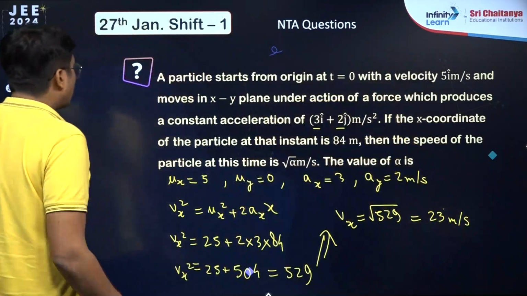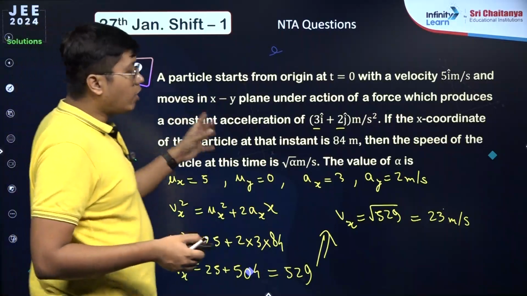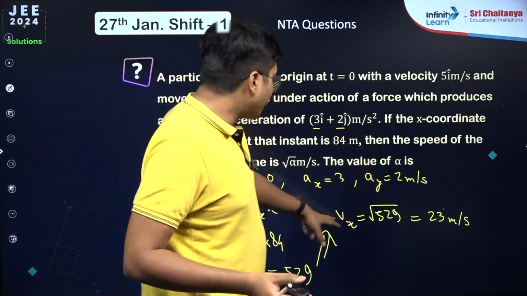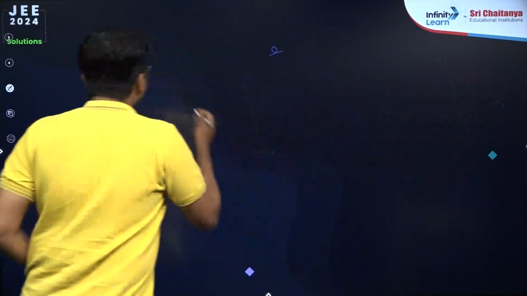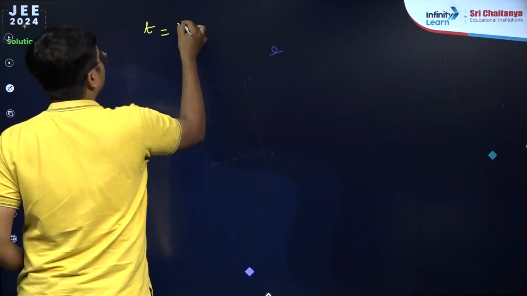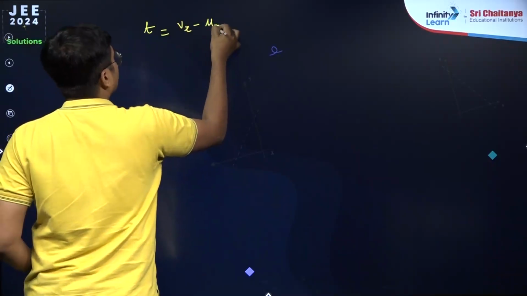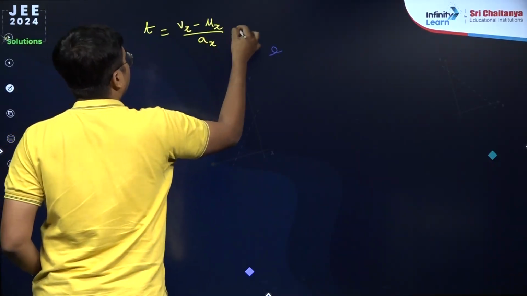Right? Now we'll find how long it has been traveling. To do that, we have Vx and we have Ux and we also have Ax. So T, the time it travels, is Vx minus Ux divided by Ax.